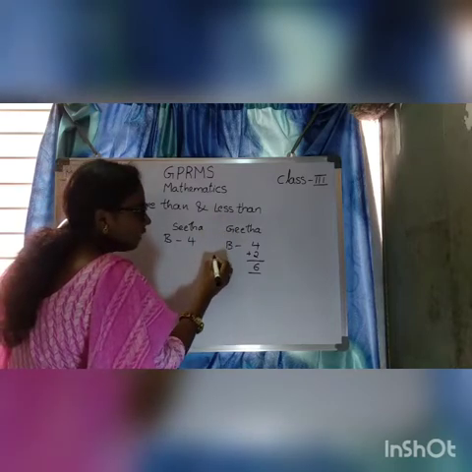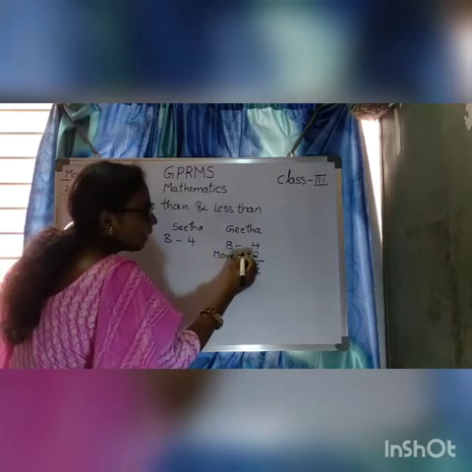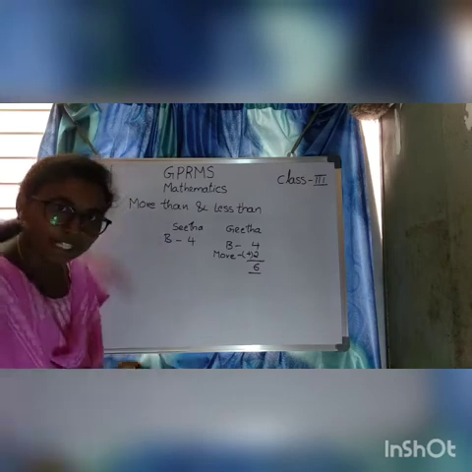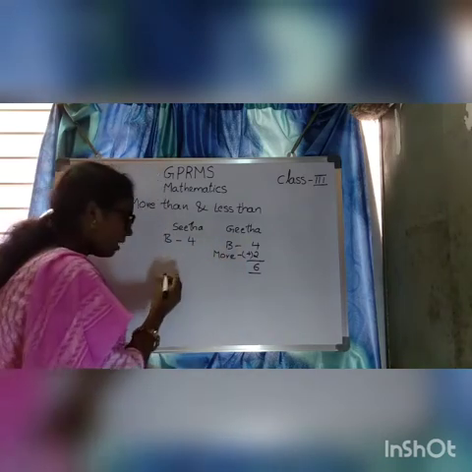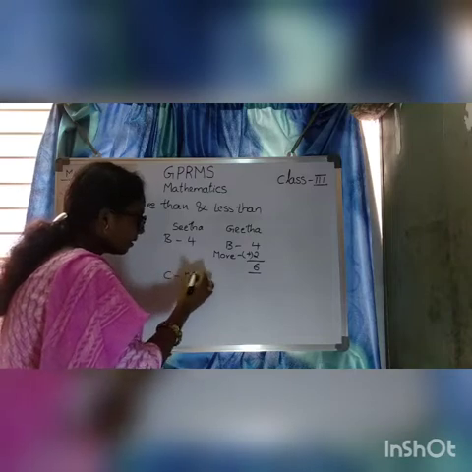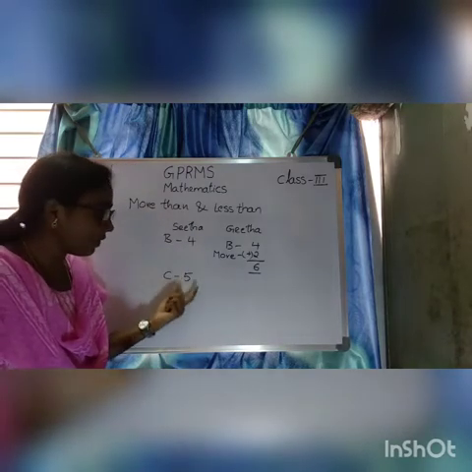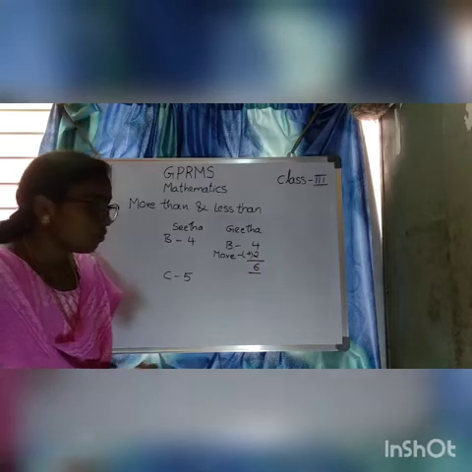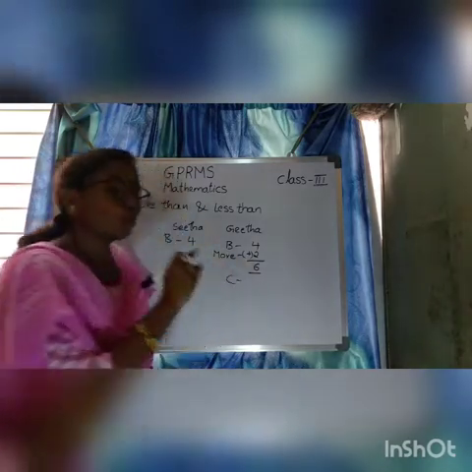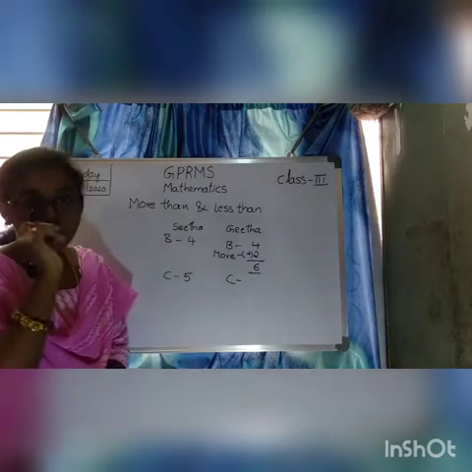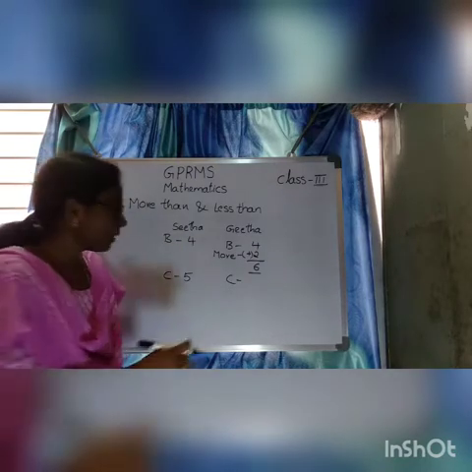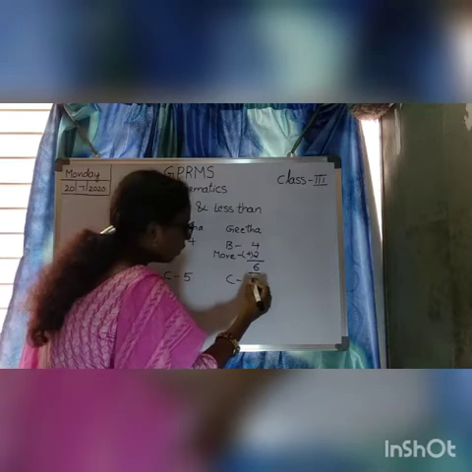Because I said more. What did you do? You have done addition. So more means addition. Similar case, Sita has 5 chocolates. Now Geeta has 3 less than Sita. 3 less than Sita. Less than. So what will you do?